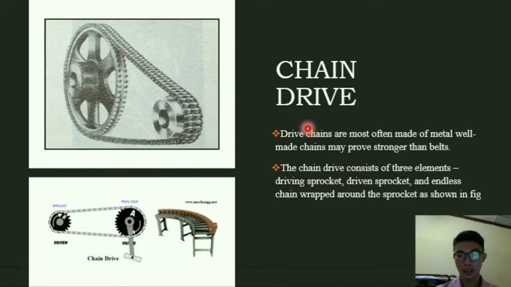Chains may prove stronger than belts. The chain drive consists of three elements, which are the driving sprocket or driver, the driven sprocket, and the endless chain, which is wrapped around the sprockets as shown in the figure.